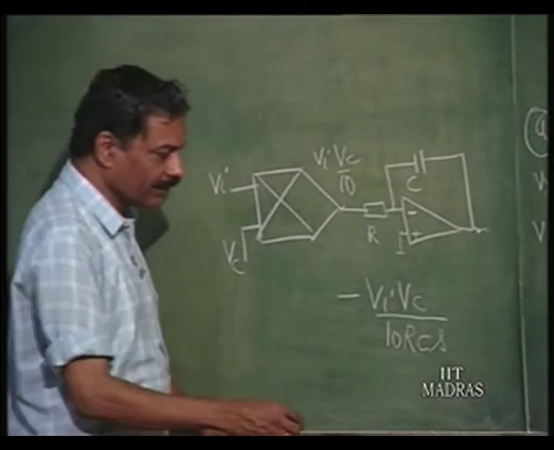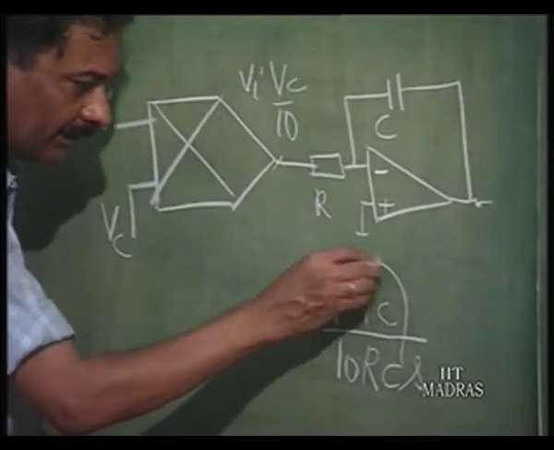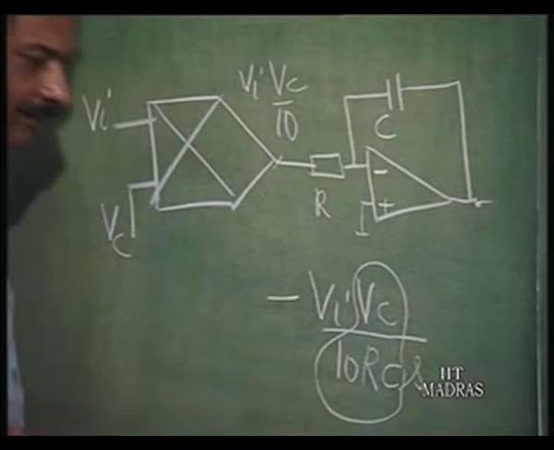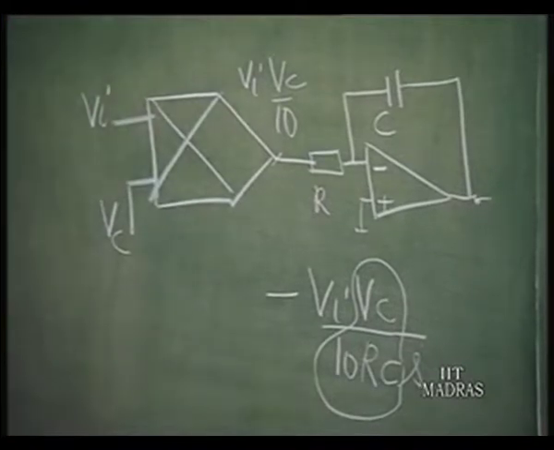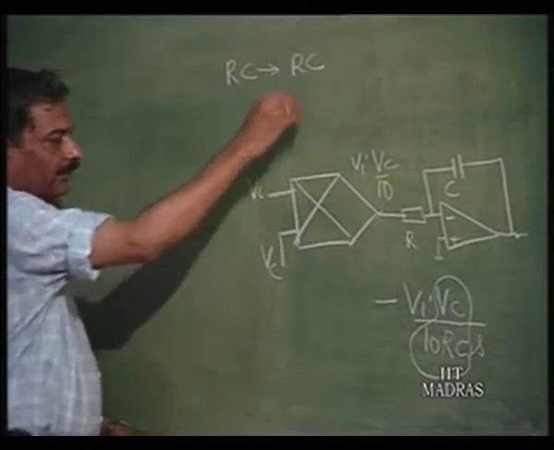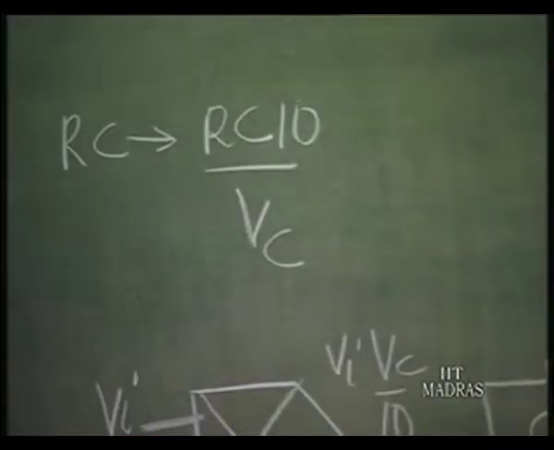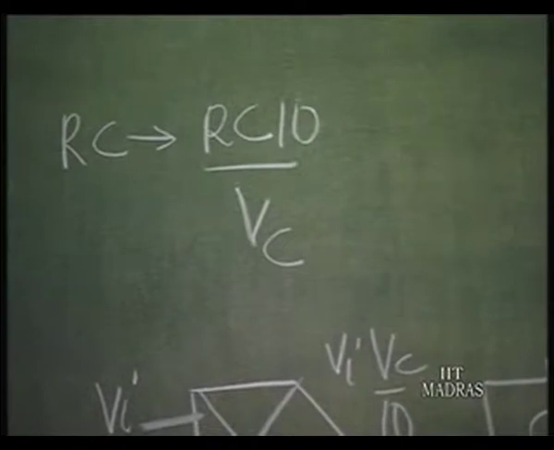So, it is equivalent to saying that it is like the earlier integrator, but with the time constant RC being replaced by RC into 10 by Vc. So, the time constant is changed from original RC into RC by Vc into 10.